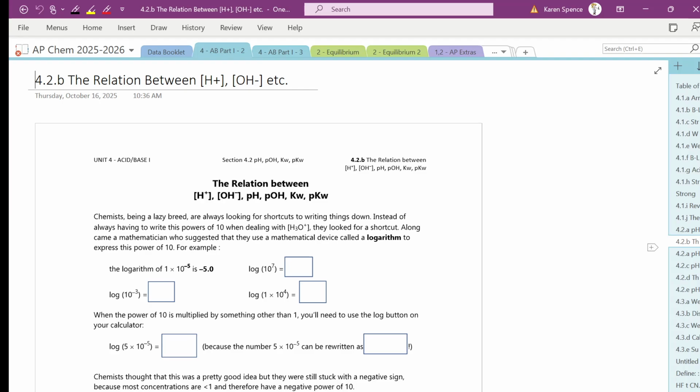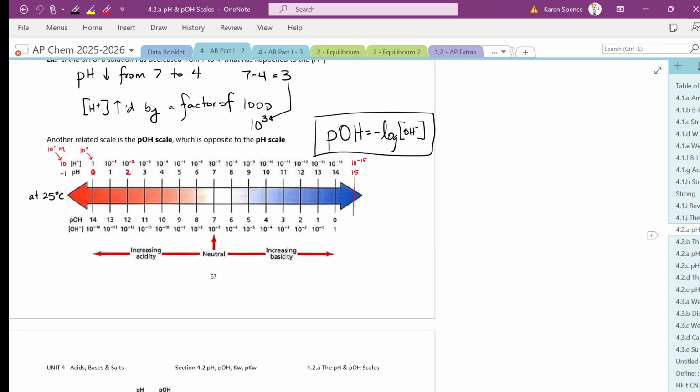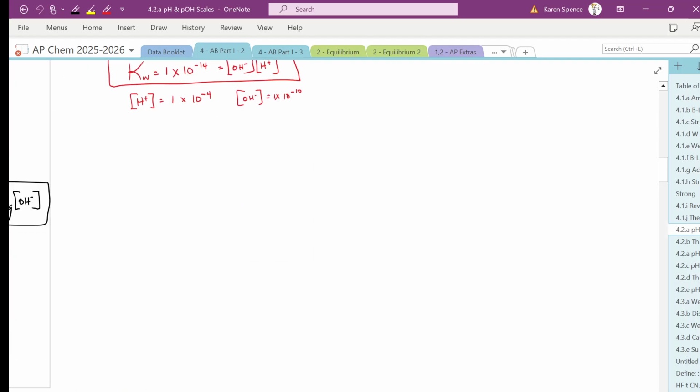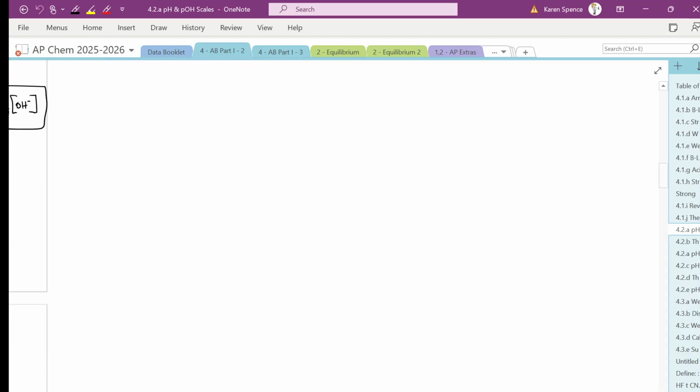Okay. We were on 4.2a and we made it to the bottom of page 67. And we learned a few formulas. We learned a formula for pH, a formula for pOH, and a formula for KW.